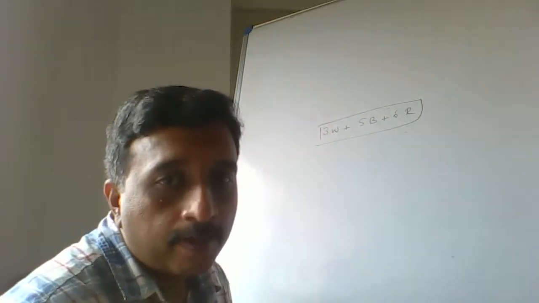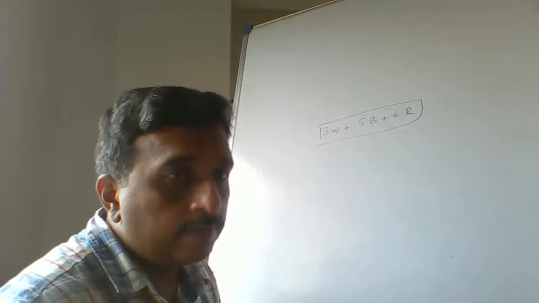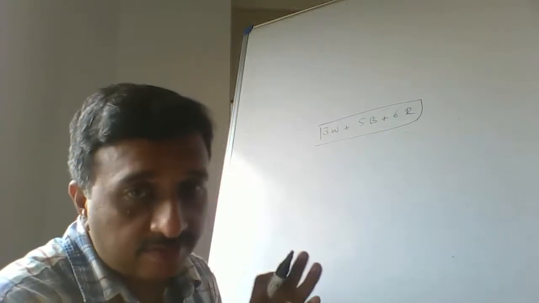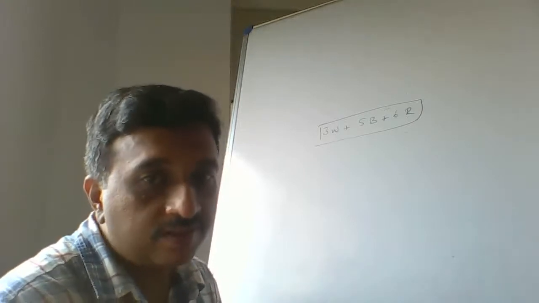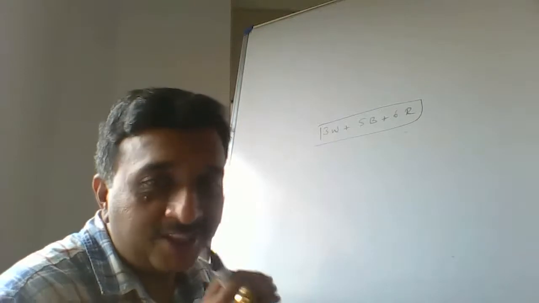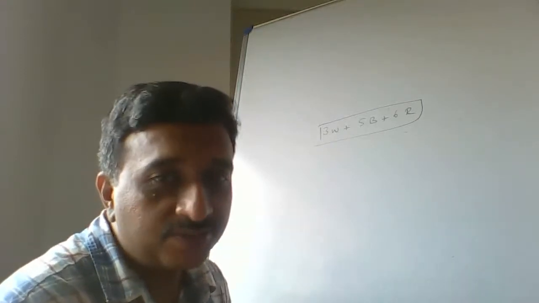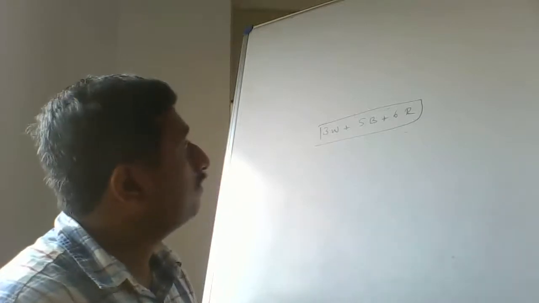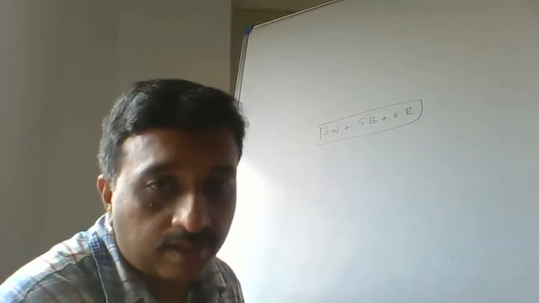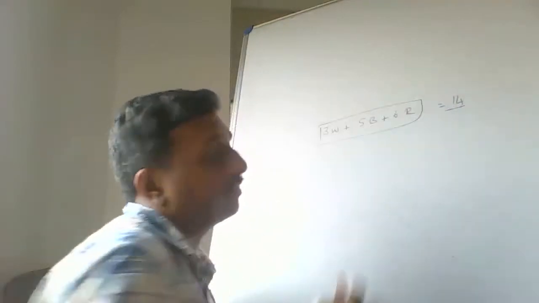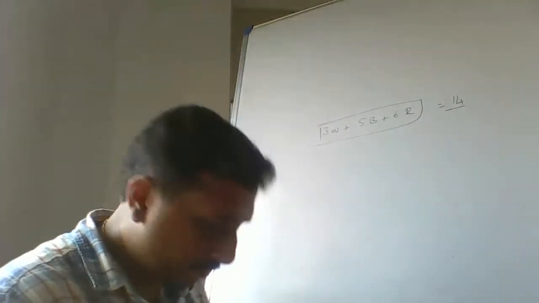We only concentrate on the numerical values, not what else is there. So 3, 5, and 6. So the total number should be 14. That is the first thing you have to know.